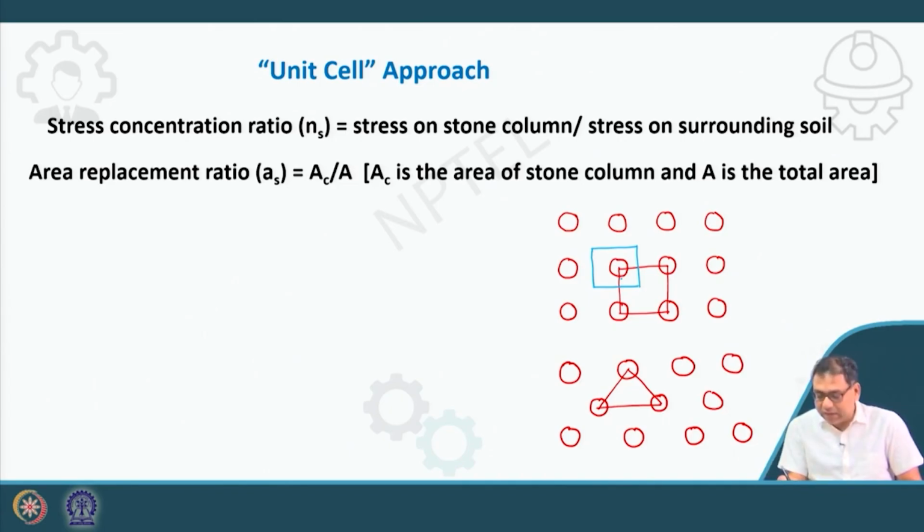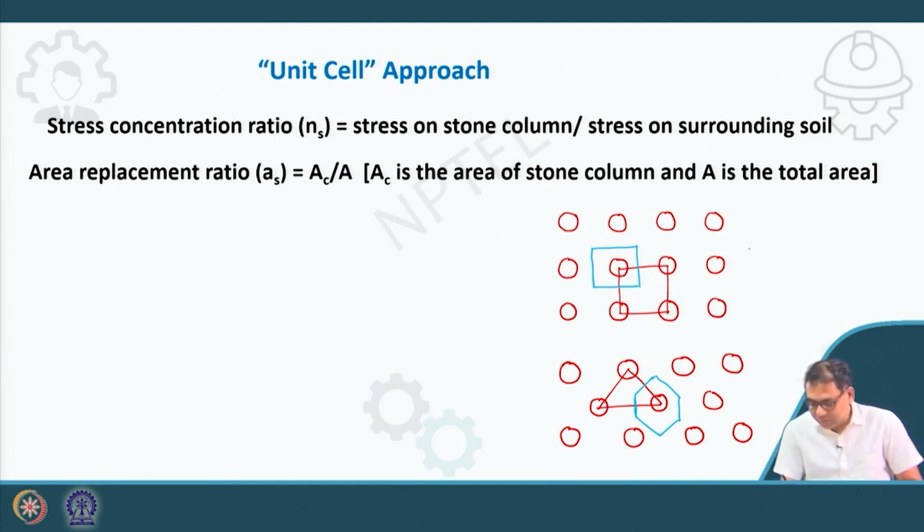Similarly, all the areas will be influenced by the individual columns. Now we will consider similarly this particular triangular grid. For this triangular grid, we are assuming this hexagonal area will be influenced by this column. So, this is for the triangular grid, and this is for the square grid.